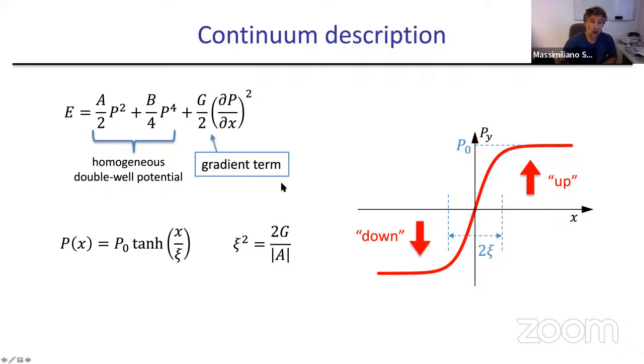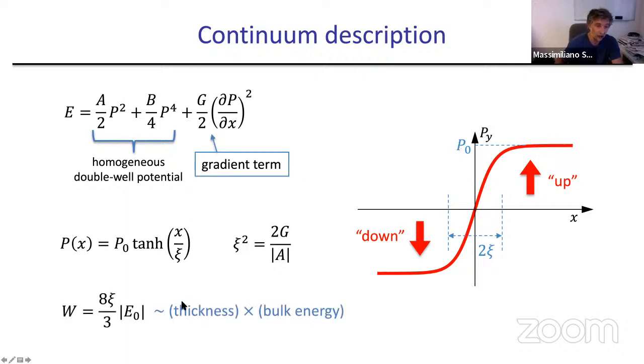So we solve this and get an analytical solution, which is a hyperbolic tangent of the coordinate normal to the wall. This P0 is the equilibrium solution of the bulk potential. And then we have a scale parameter, which is also called correlation length, which determines the thickness of the wall, this psi, and is the competition between this gradient term and the curvature of the Landau potential near P equals 0.